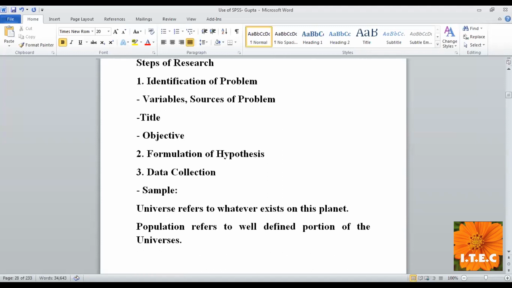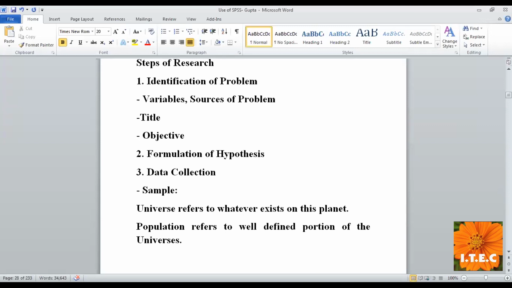If you want to do research on plants, then you are taking only a well-defined small portion of the universe. Because you are not taking animals, you are not taking human beings, you are not taking ocean, you are not taking mountains, you are only taking a particular one.